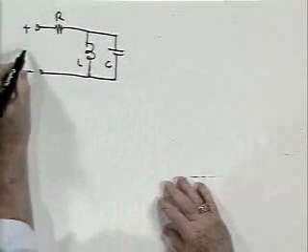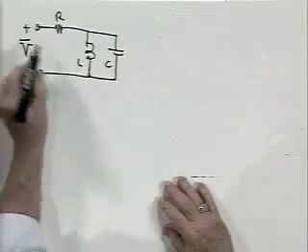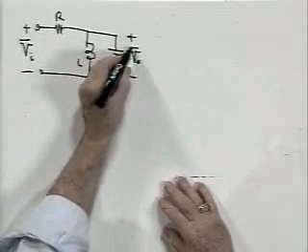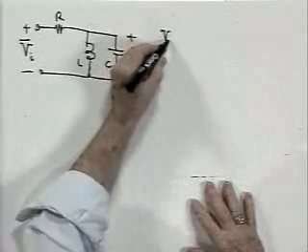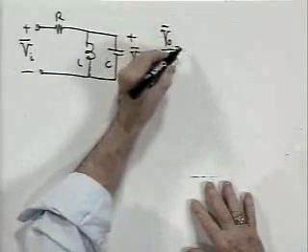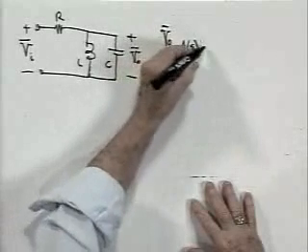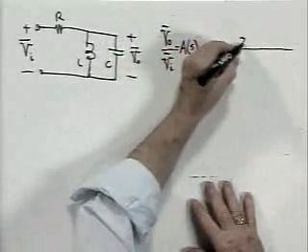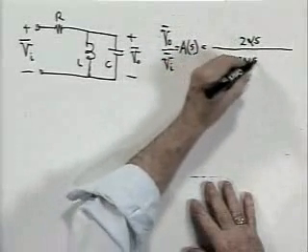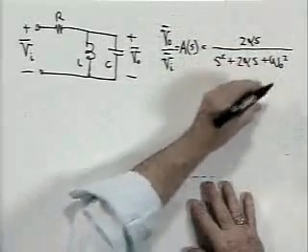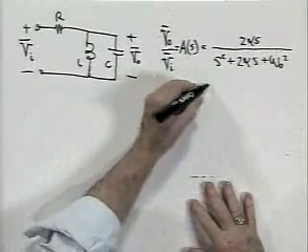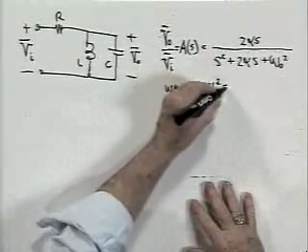This is V sub I, complex amplitude. This is V sub O, complex amplitude. The ratio V sub O over V sub I is A of S, and it's just equal to 2 alpha S over S squared plus 2 alpha S plus omega naught squared, where omega naught squared is equal to 1 over LC.